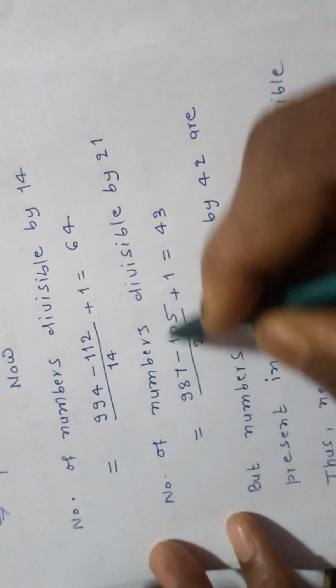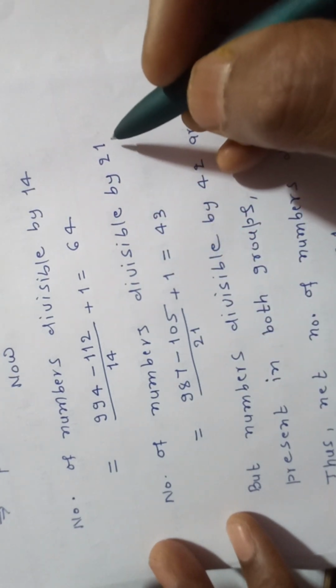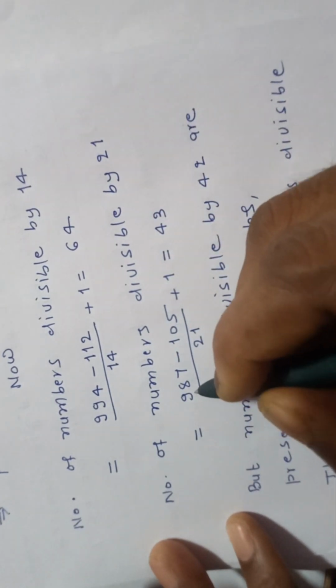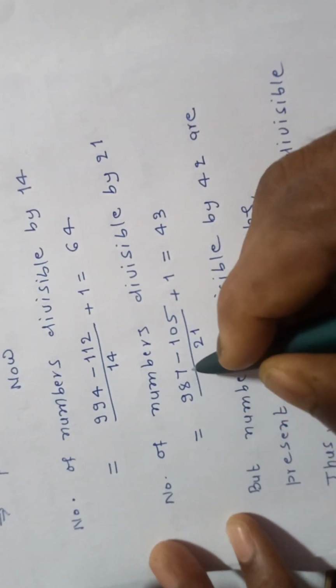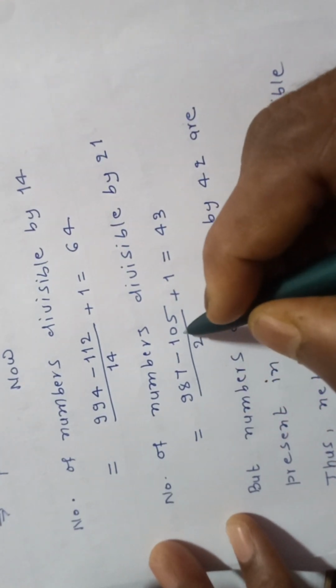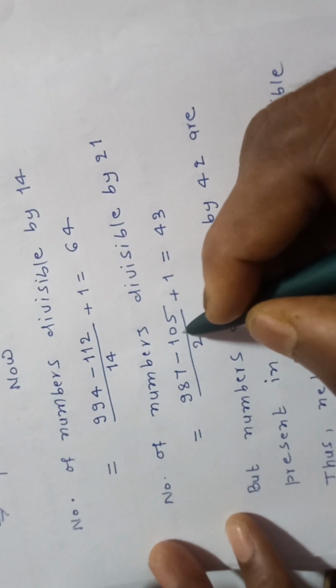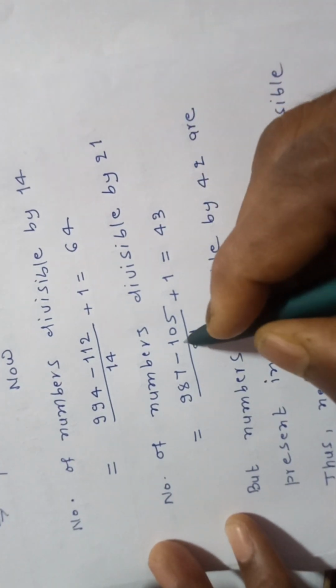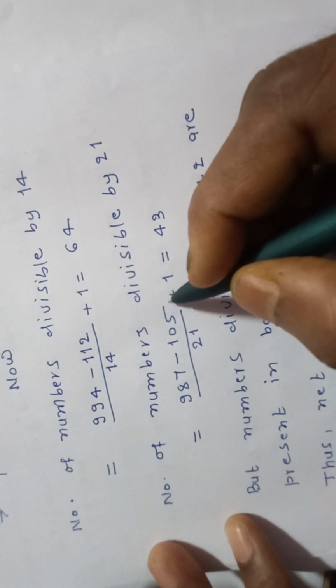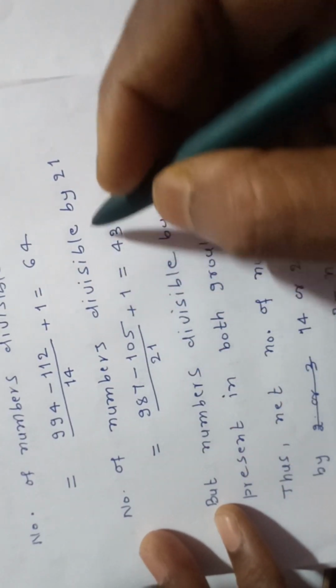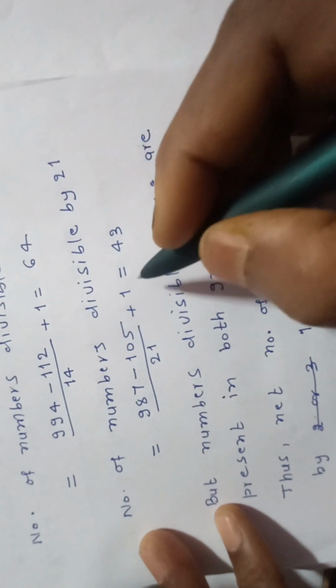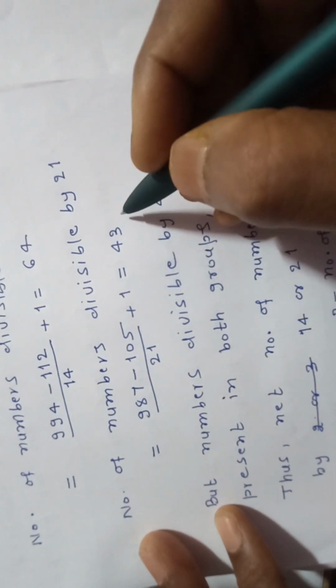Number of numbers divisible by 21. The largest number of 3 digits divisible by 21 is 987 and the lowest is 105. So, the number of numbers divisible by 21 comes to 43.